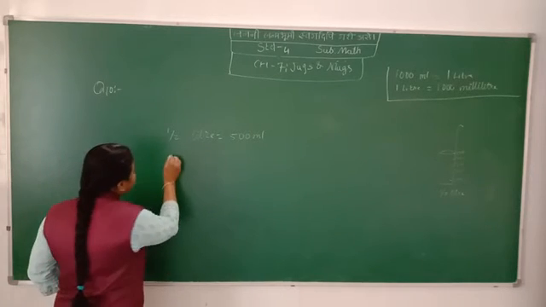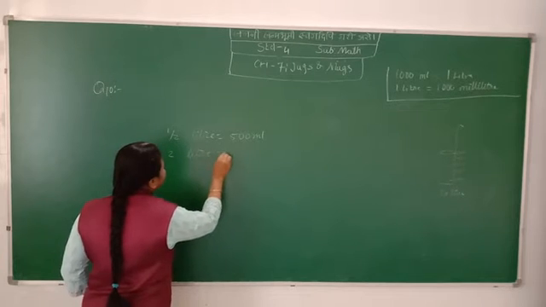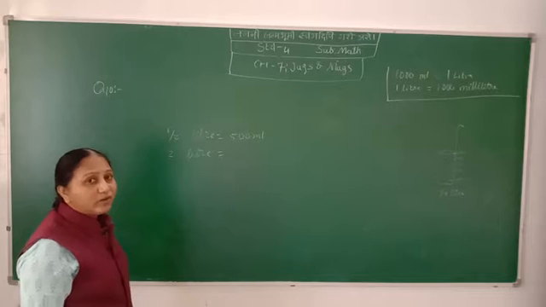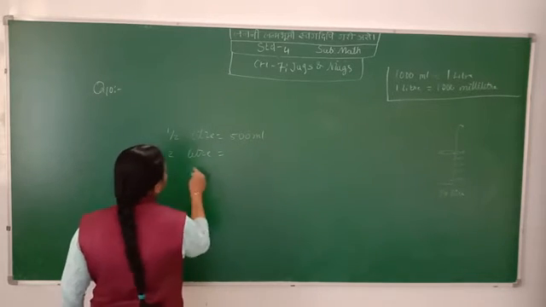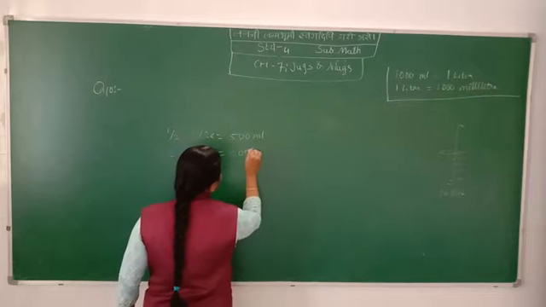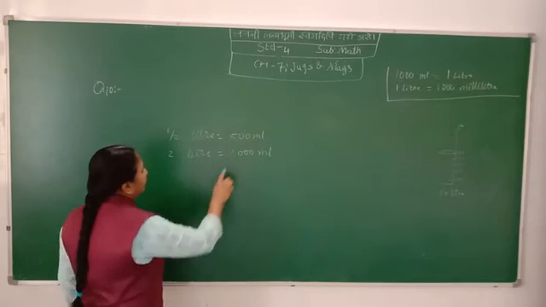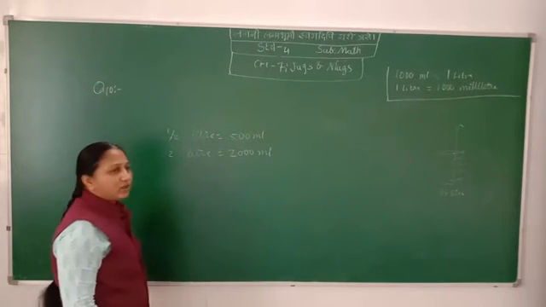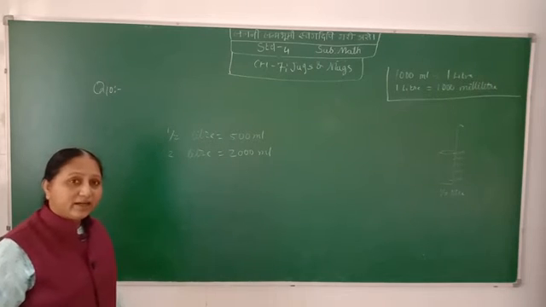It is 2 liters, that is 2000 milliliter, and we have a pot of 500 ml.